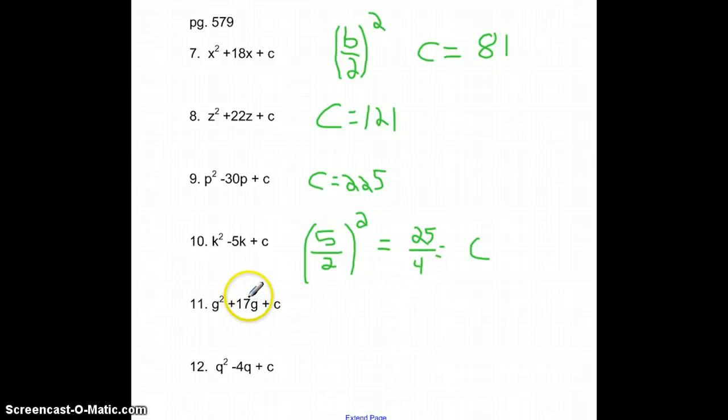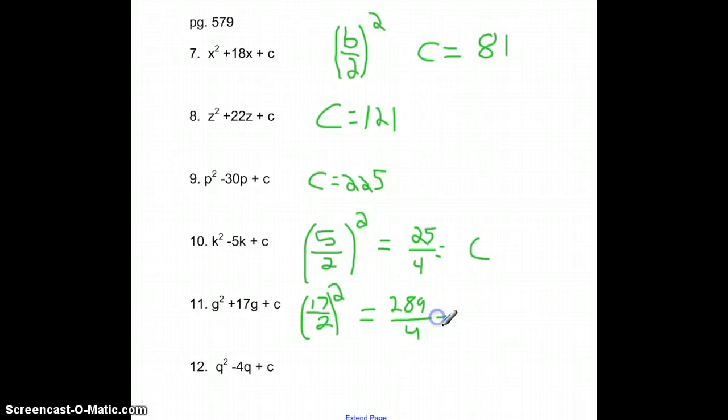So same thing here. Think about what this would lead you to. 17 over 2. Square this out. You guys know 17 times 17 is 289. And the denominator would be 4.